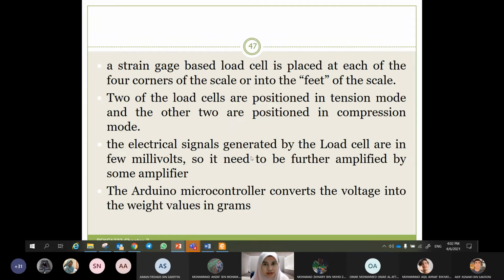The electrical signal generated by the load cell is a few millivolts, so it needs to be further amplified by an amplifier. And the Arduino microcontroller converts the voltage into weight values in grams.